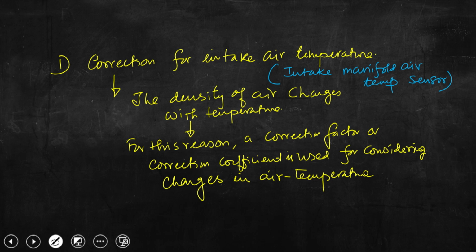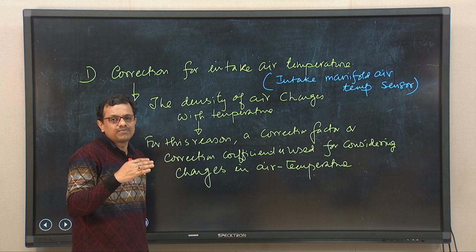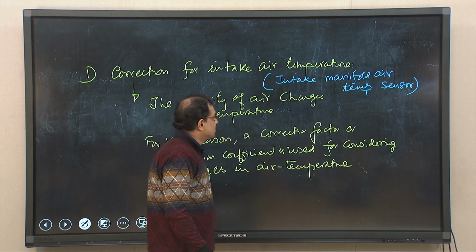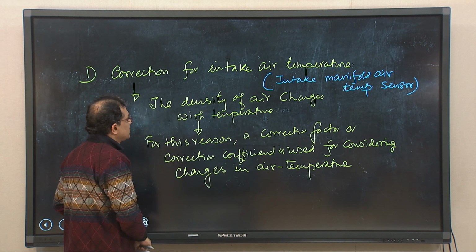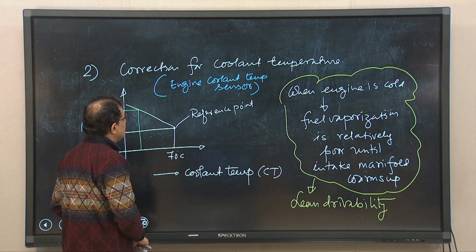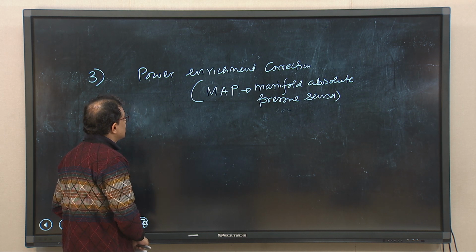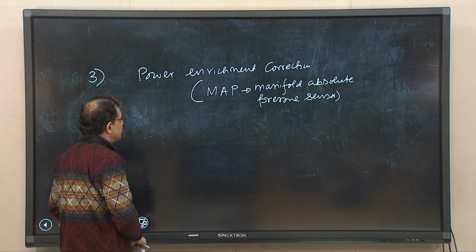So, we can understand that the second step is reliant on a few input sensors. The first one is reliant on the intake manifold air temperature sensor, the second one on the engine coolant temperature sensor, and the third one that we are going to discuss is reliant on the manifold absolute pressure sensor.